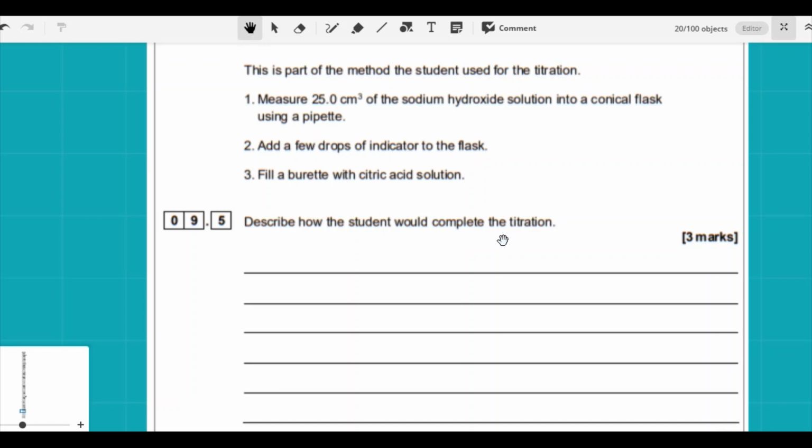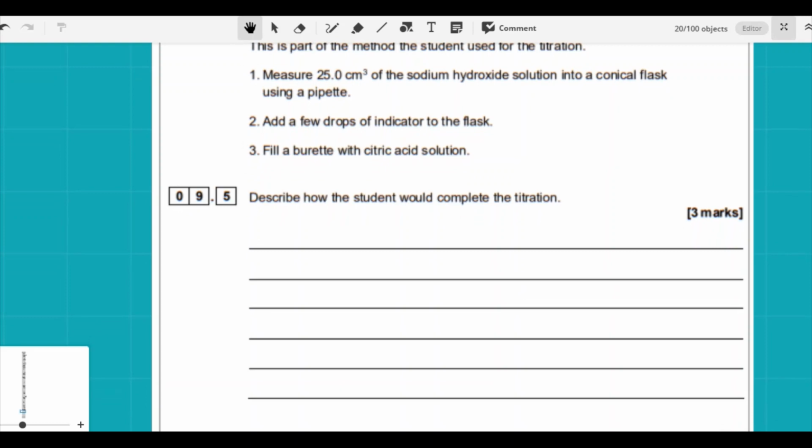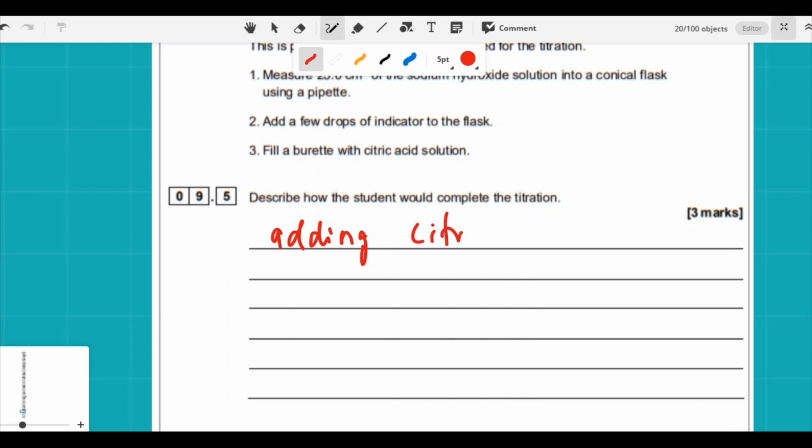For example, add the citric acid until there is a permanent color change. So you can say: adding citric acid dropwise until the color change.